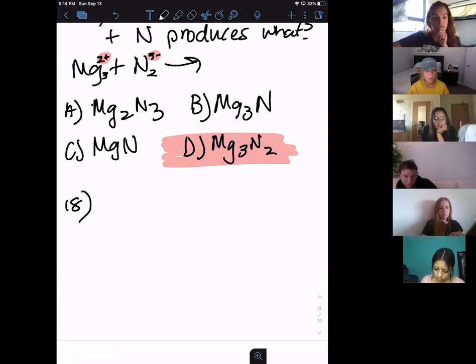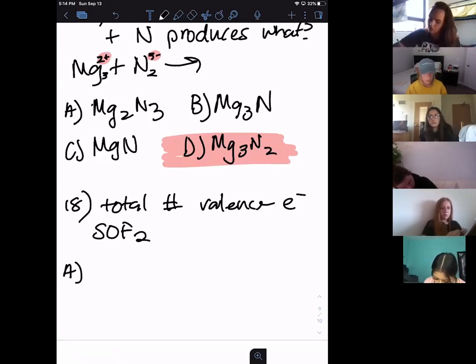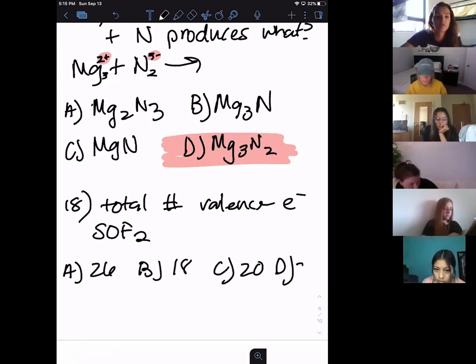Right, 18. The total number of valence electrons. So what's the total number of valence electrons in this molecule? Is it A, 26, B, 18, C, 20, or D, 24? What is the total number of valence electrons?